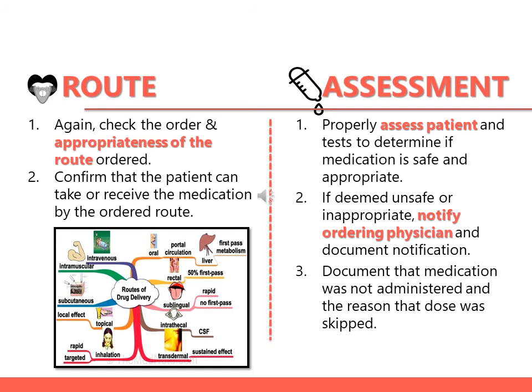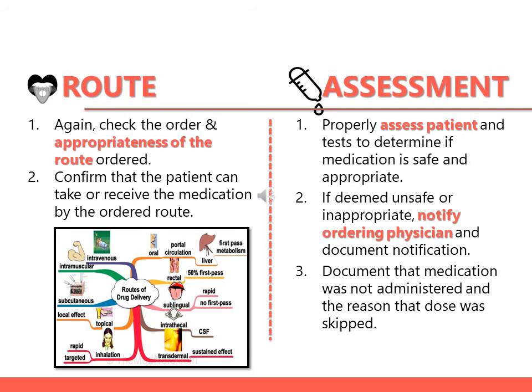There are different ways, and you need to learn what is the appropriate route of the medication ordered by the doctor. Okay, why? Because there are medications that, when given in a wrong route, usually the effect is different or the effect is toxic to the patient. And the effect is not as effective as it is supposed to be.